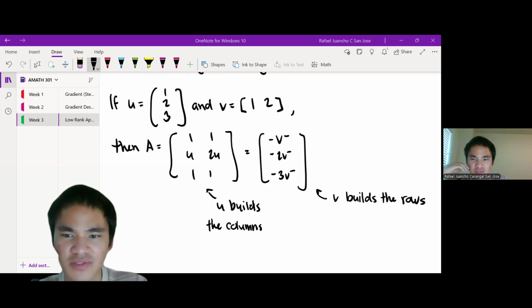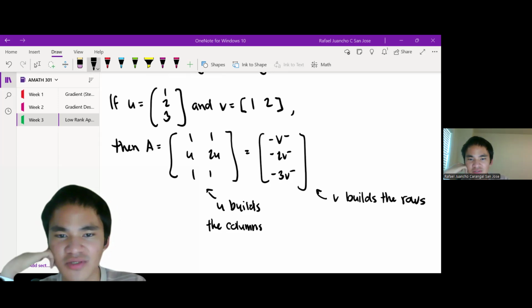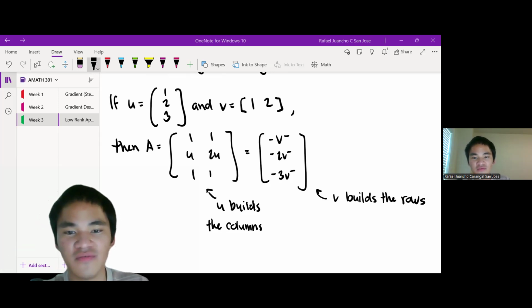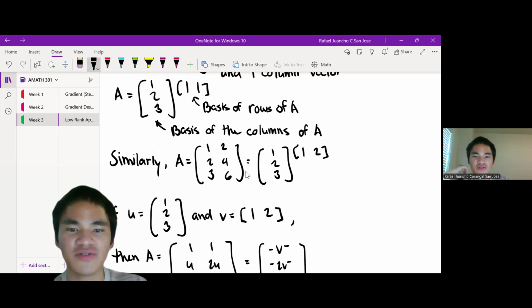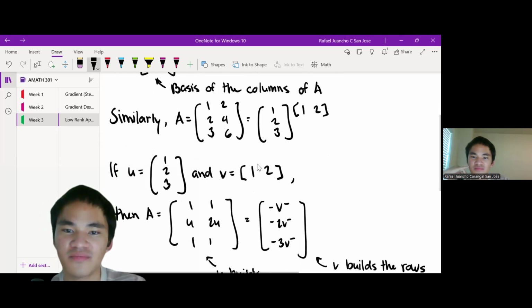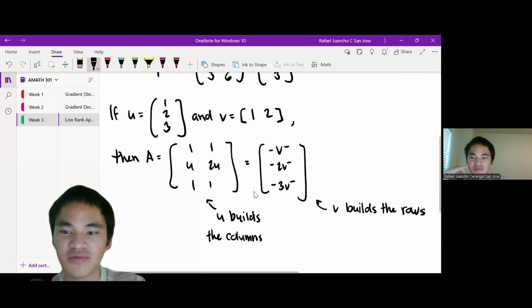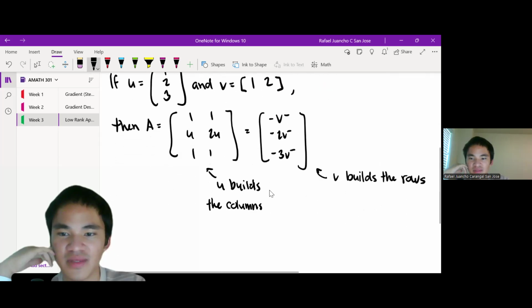It says here V builds the rows, and that's because each row of the resulting matrix A is a multiple of V, right? So 2, 4, 6, 1, 2, 3. And so that's why it builds the rows.